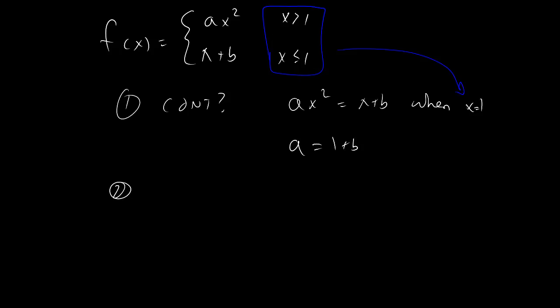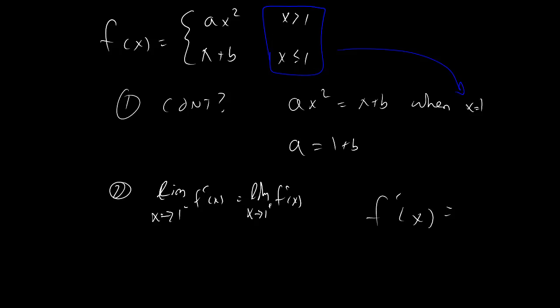Step 2 is, does the limit as x approaches 1 of my left-hand side equal the limit as x approaches 1 of my right-hand side? So I need to find a derivative. So f prime of x is equal to 2ax and 1.